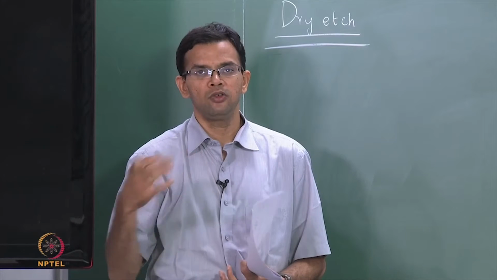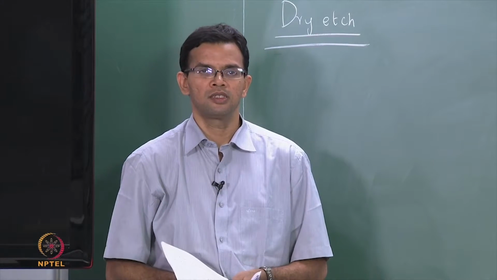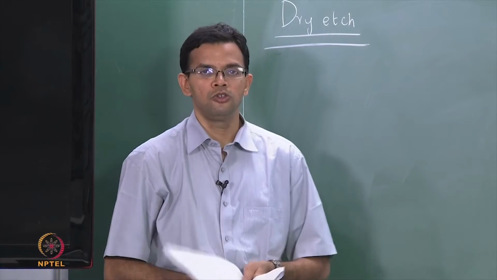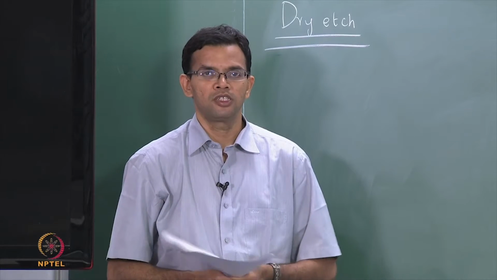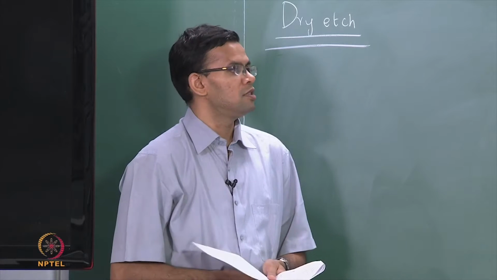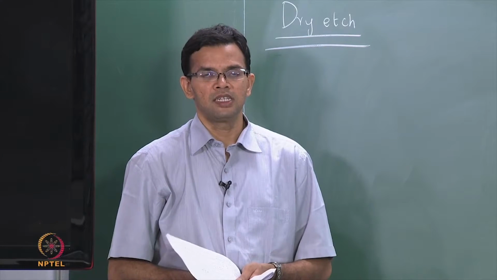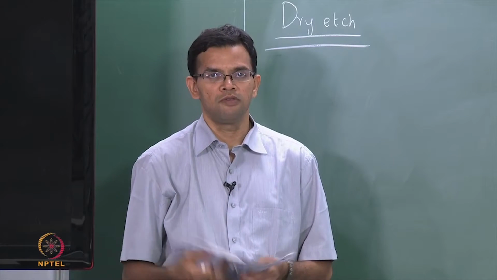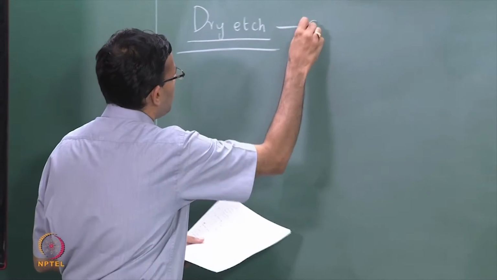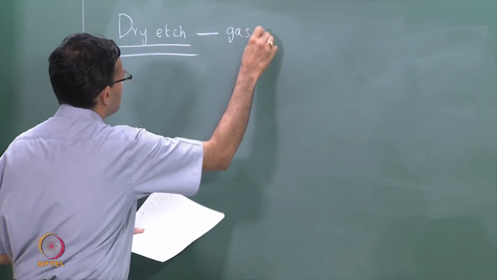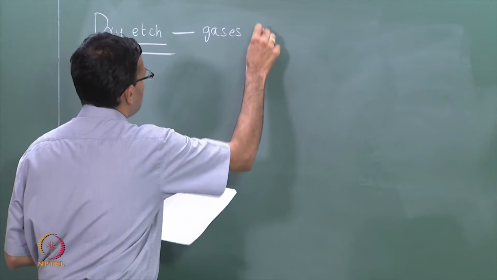So we need to etch really small areas. Wet etch also uses a lot of harmful chemicals, so it is environmentally not very sound. So one of the new techniques that has come up is to use a process of dry etching in order to remove materials. In dry etch, gases are the primary etching medium.